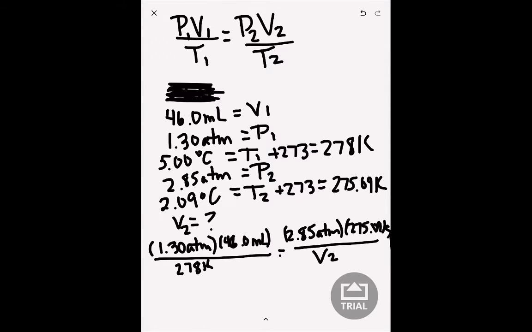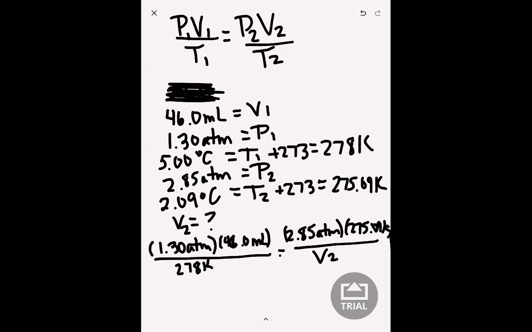So what I'm going to do here is, you can do this different ways. I think I'm going to go ahead and multiply and divide everything out before I start solving for my V2. So I'm going to go ahead and do my left side. I'm going to do 1.30 times 46.0 divided by 278.